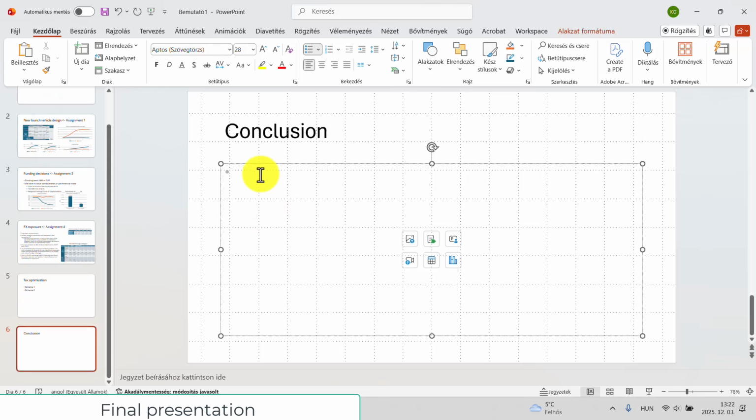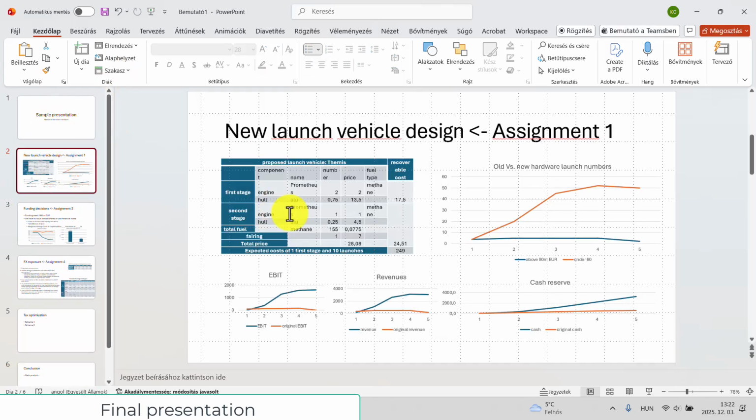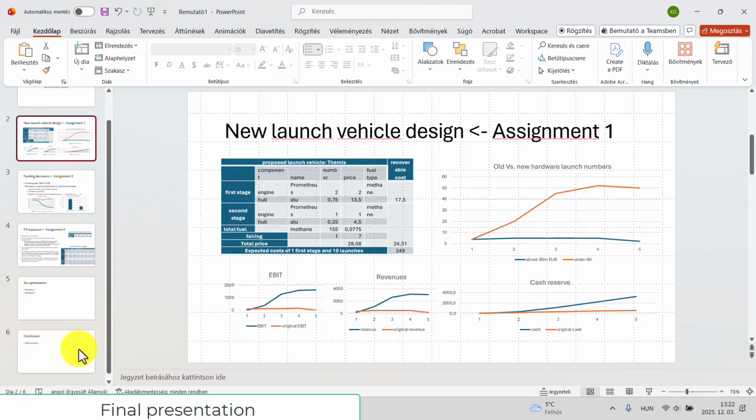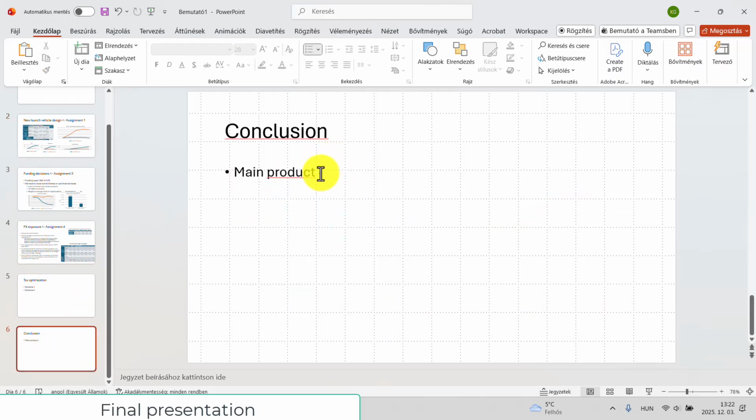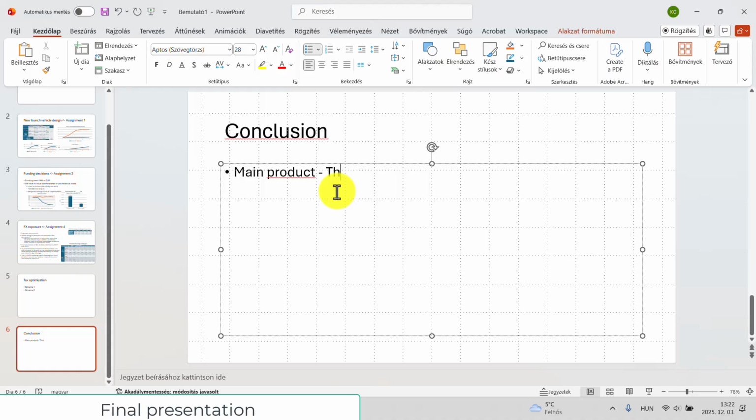So first of all, the main product. Some description about this. In my case, this was Themis. First stage recovery. We used 10 times.